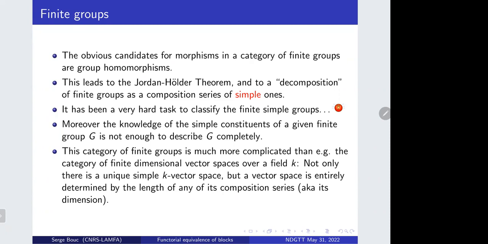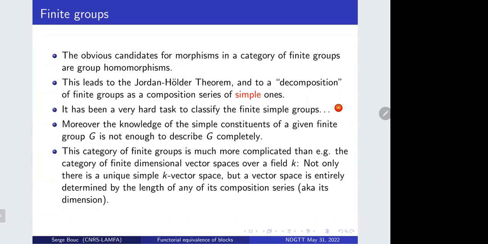So we have these two extreme types of categories, one of which is of interest at least to group theorists, and the other one which is very convenient because we can apply methods of linear algebra to vector spaces. And so we would like to try to mix those two ingredients and get a category of finite groups where we can use some kind of linear algebra.